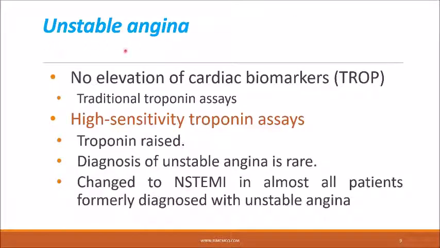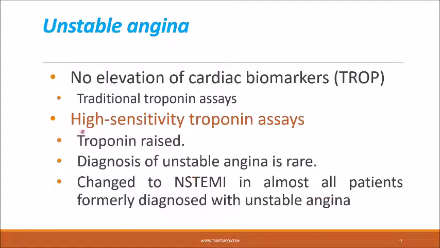And as mentioned before, in unstable angina, there is no elevation of cardiac biomarkers if done by the traditional troponin assays. But if you do high sensitivity troponin assays, troponin is almost always raised and the diagnosis would be changed to non-STEMI in almost all patients formerly diagnosed with unstable angina.